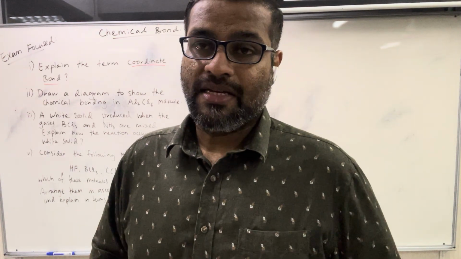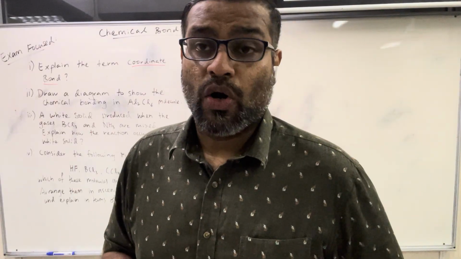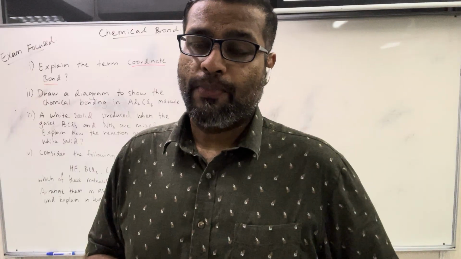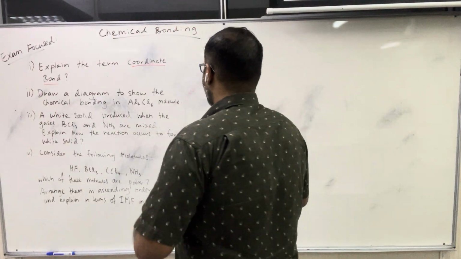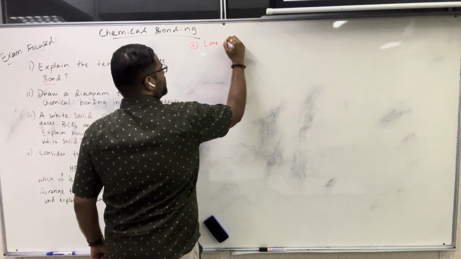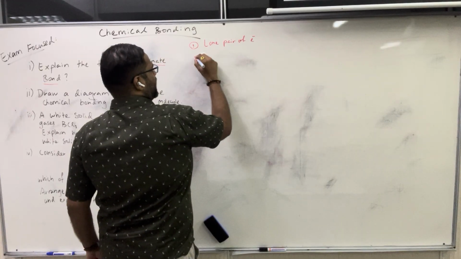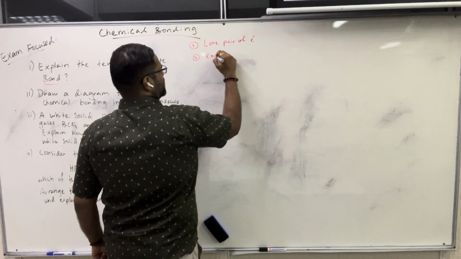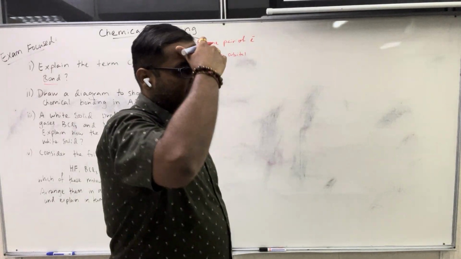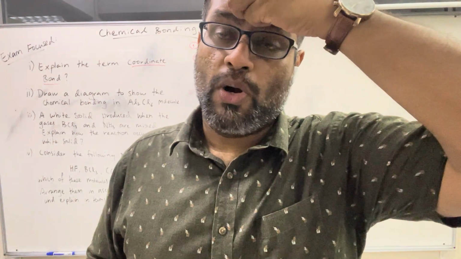Only one party is contributing the electrons, and the other party is on the receiving end. In order to form a coordinate bond, two rules must be fulfilled. One, you must have a lone pair of electrons coming from one atom, and number two, an empty orbital. So these are the two key criteria that need to be fulfilled before the coordinate bond can be formed.